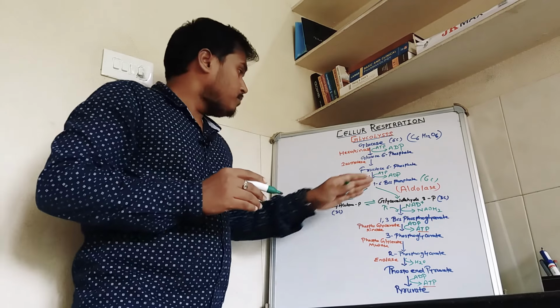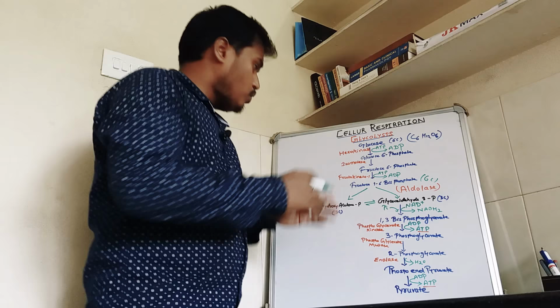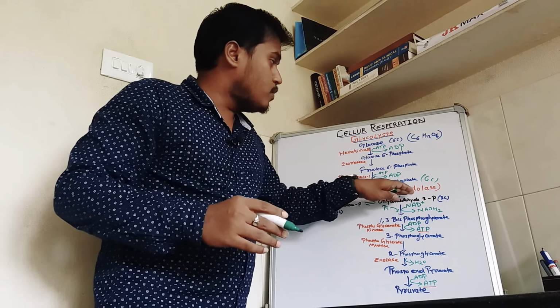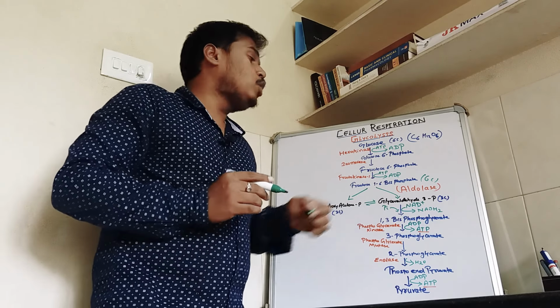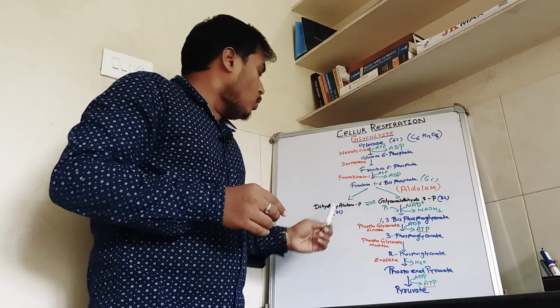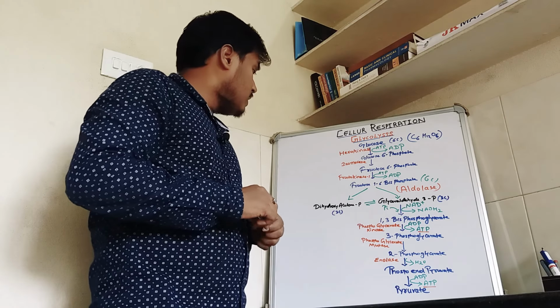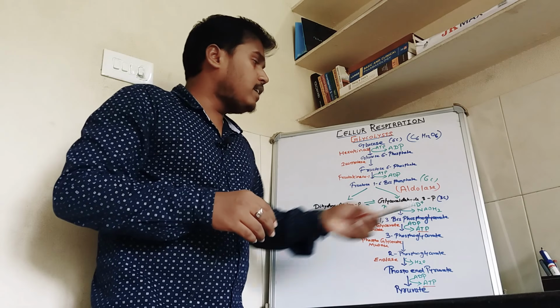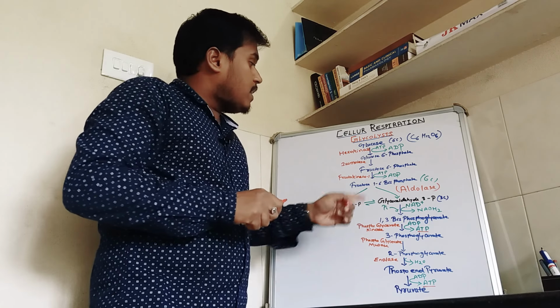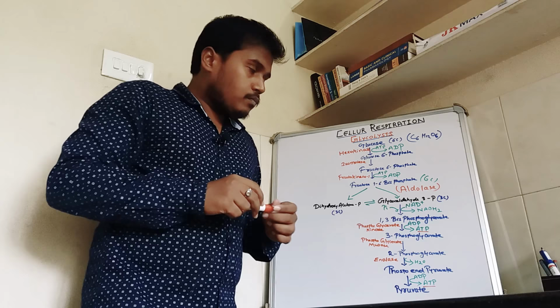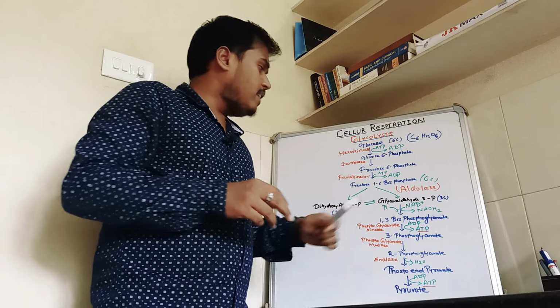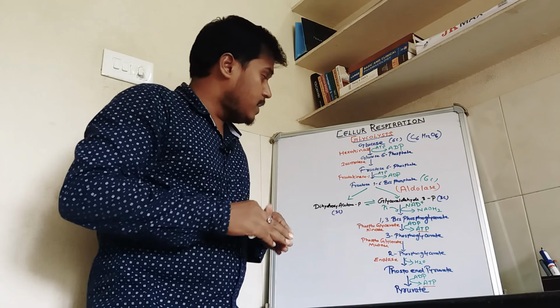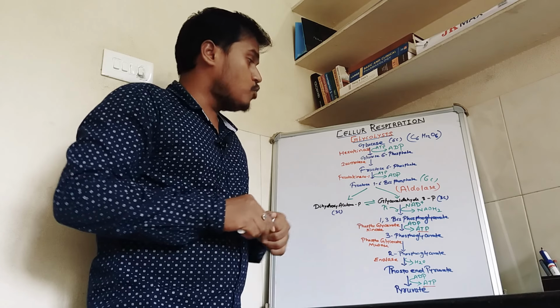Now this will dissociate in the presence of the most important enzyme, aldolase. It will convert into two compounds: a 3 carbon compound, dihydroxyacetone phosphate, and another 3 carbon compound, glyceraldehyde 3 phosphate.